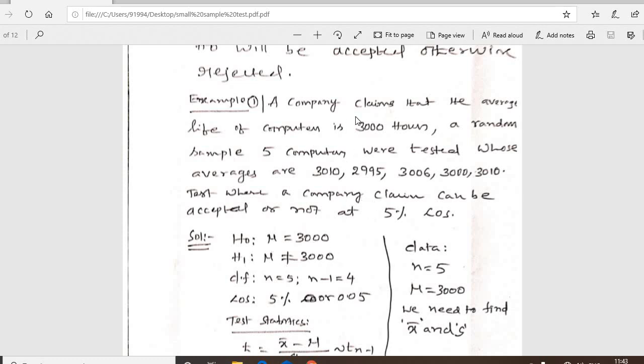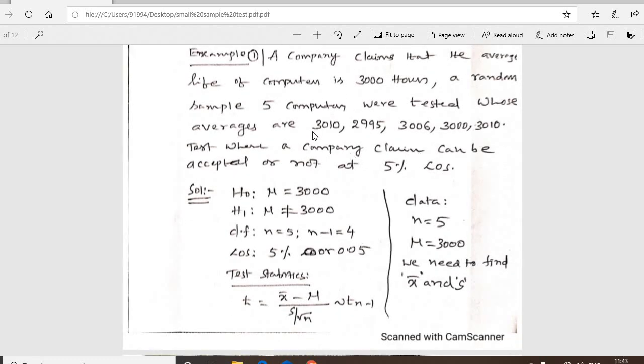In this problem it is not given whether the average is less than or more than 3000 hours, so that is why we take a two-tailed test, mu not equal to 3000. So now, what are our observations given?